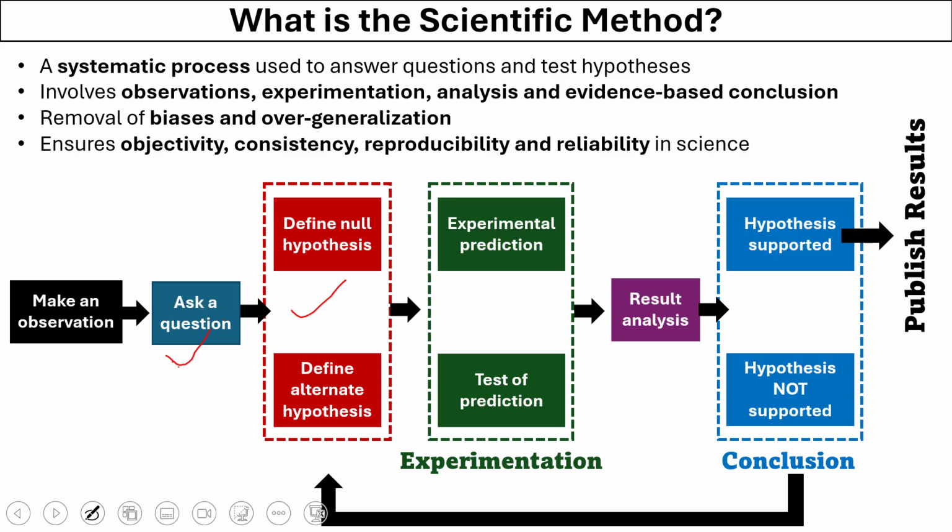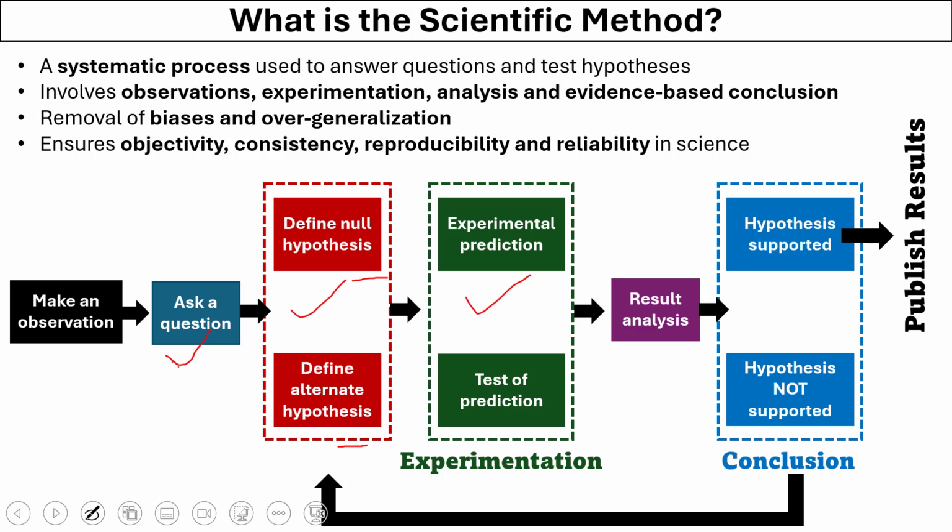The hypotheses are of two types: null hypotheses and alternate hypotheses. In null hypotheses, you make a condition in which you say that there is no correlation between the two factors that you are trying to study. And in alternate hypotheses, you would predict that yes, there can be some cause or effect relationship between the two factors that you want to study.